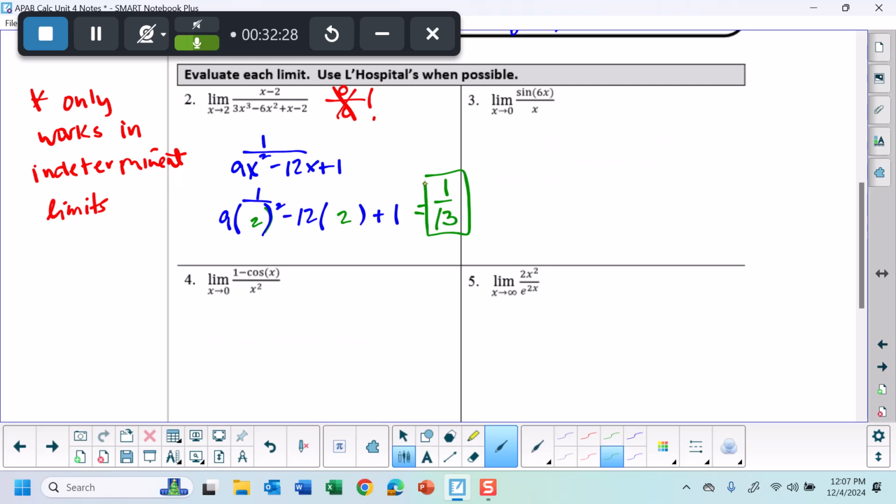And we got to do that instead of factoring, which is pretty cool and super quick.